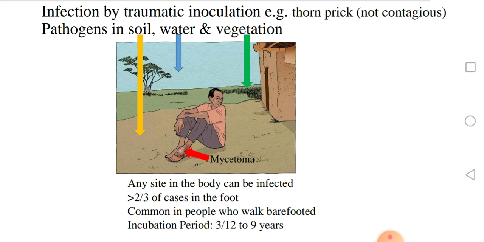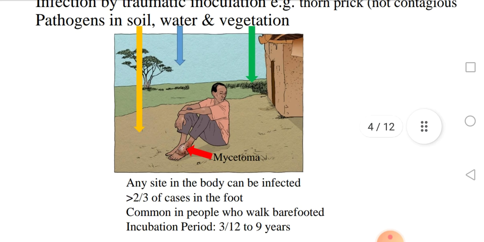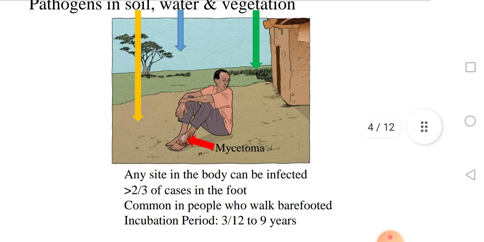Any site in the body can be infected, but the vast majority of cases are found in the foot, more than 2/3 of the cases. Because the foot is the nearest part of the body to the areas where the pathogen is found, and the disease is common in people who walk barefooted without shoes.